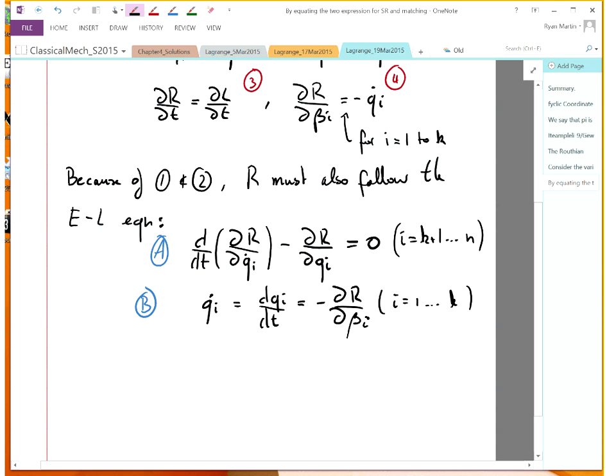And then for the coordinates that are not cyclic, we just have to solve the Euler-Lagrange equation.